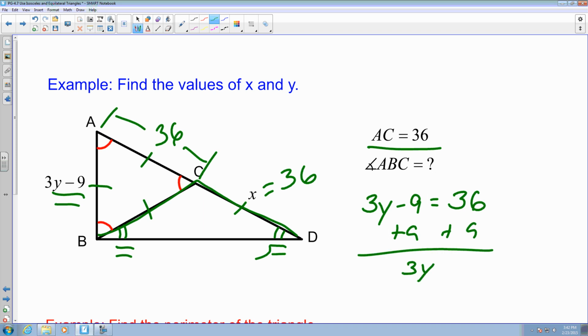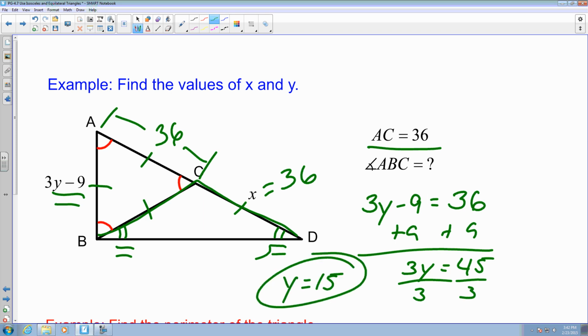I get 3y equals 45, dividing everything by 3, and y is going to equal 15. So I got y is 15, x is 36, and the last thing here they ask is to find angle ABC. Angle ABC is going to be 60 degrees because it's an equilateral triangle.